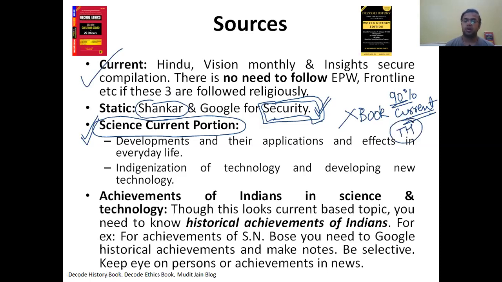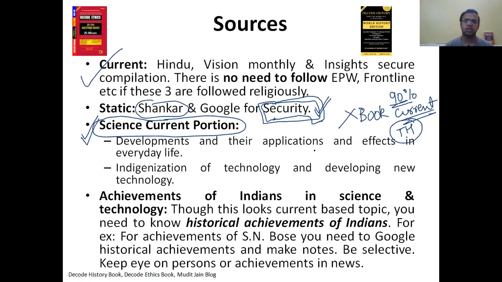If you have time, see previous year question papers, try to find out the keyword of the question. For example, if a particular question is asked on patents and geographical indication, just Google that word and in front of that write the Hindu. I am sure you will be able to get the particular articles from the Hindu from which the question is asked.